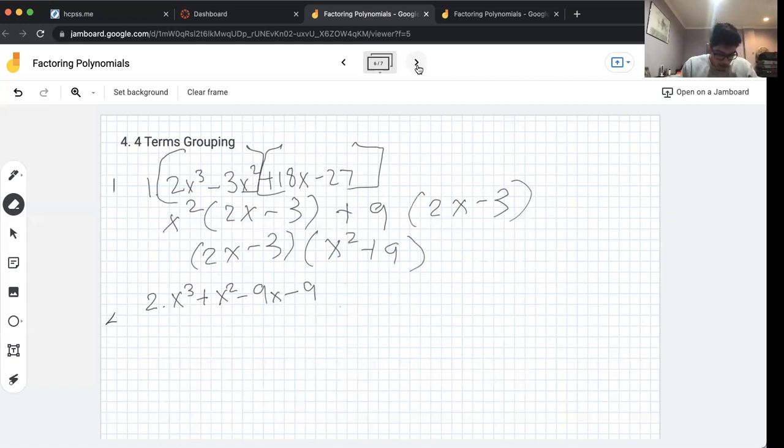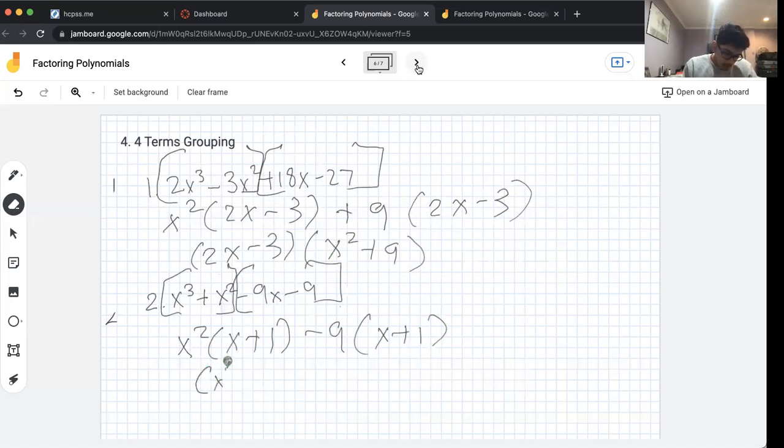And now finally, we can do the same thing for this last expression. Factor out x squared, you get x plus 1. And then you can also factor out a negative 9 to get x plus 1. Taking the GCF, x squared minus 9 times x plus 1.